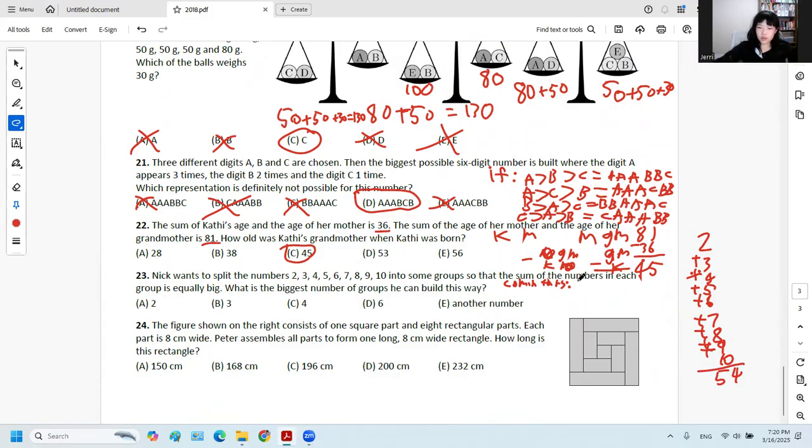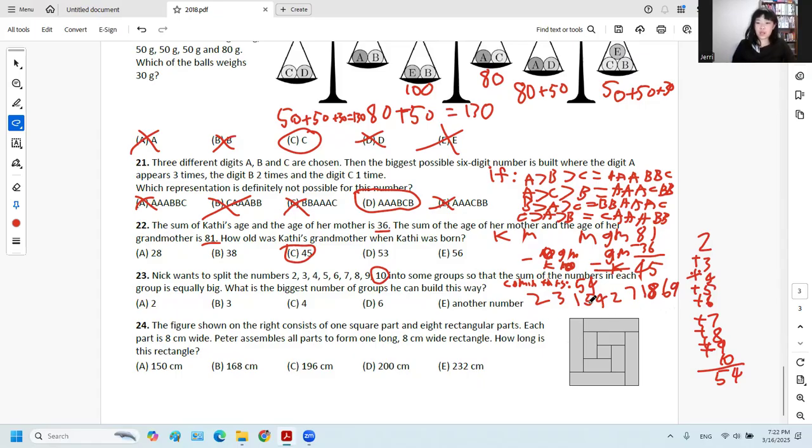Then we'll do the common factors of 54. 1, 2, 3, 6, 9, 18, 27, 54.